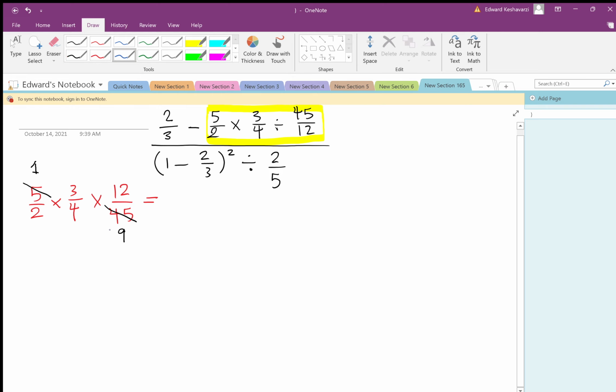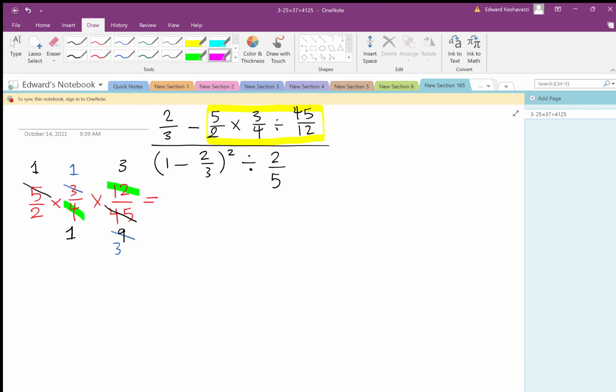Also, 9 divided by 3 is 3. 3 divided by 3 is 1. Next one would be 12 divided by 4 is 3, and 4 divided by 4 is 1.